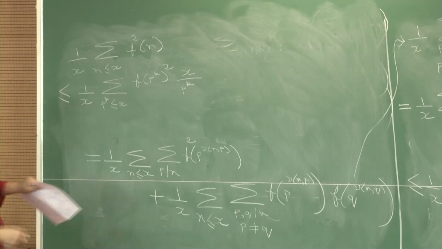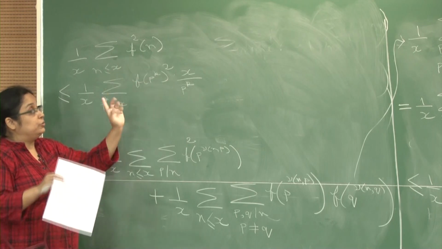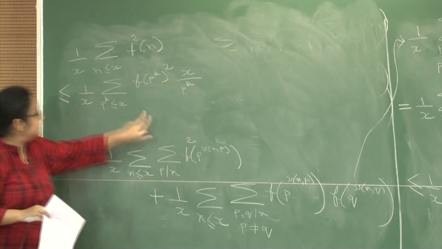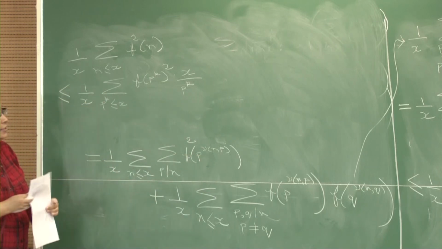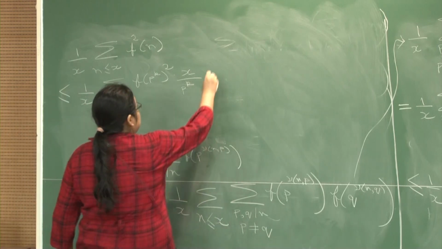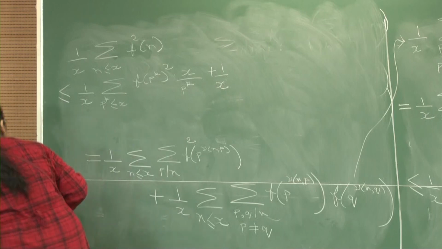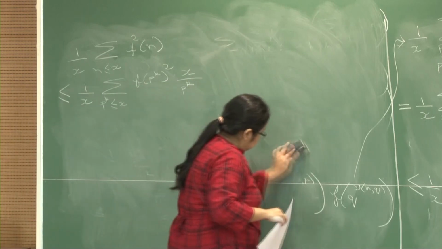And so here you are actually using the upper bound idea. I am just saying that this thing is less than or equal to this. Then you have the next part, which is plus 1 by x.